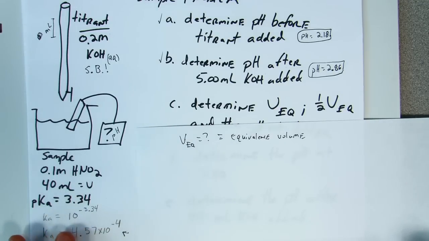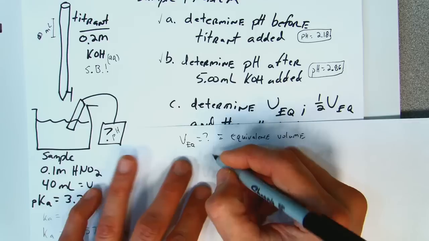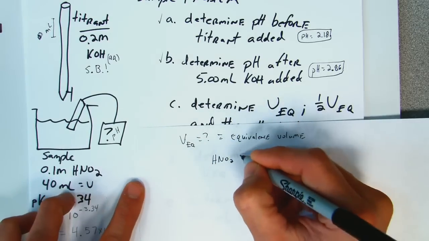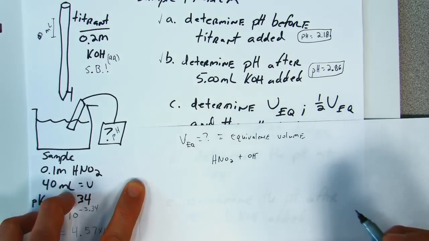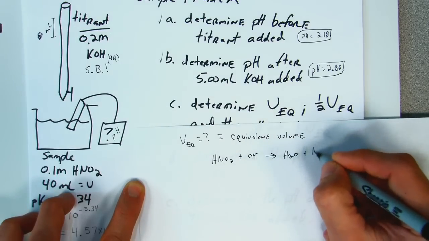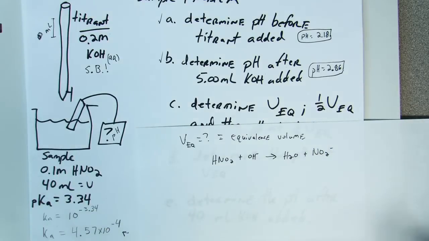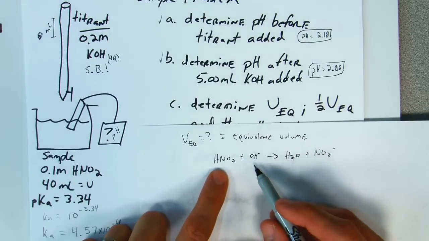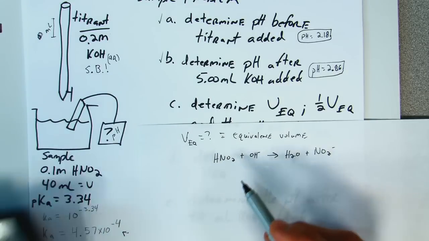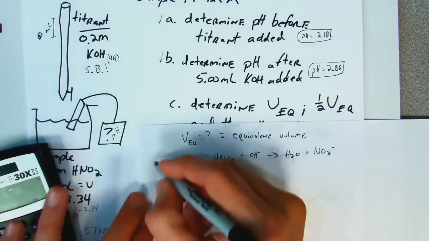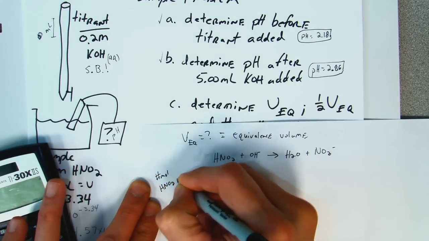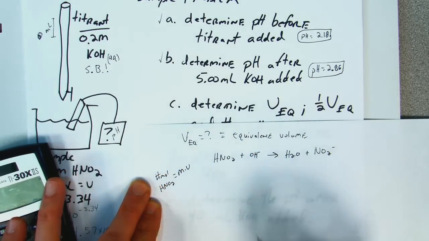So let's see, how can we figure that out? Well, we know that the reaction is HNO2 plus OH minus makes water and NO2 minus. Now at the equivalence point, since it's a one-to-one stoichiometry, we need to have equivalent moles of both of these, right? In the previous problem, we found out how many moles of HNO2 were present by doing molarity times volume.